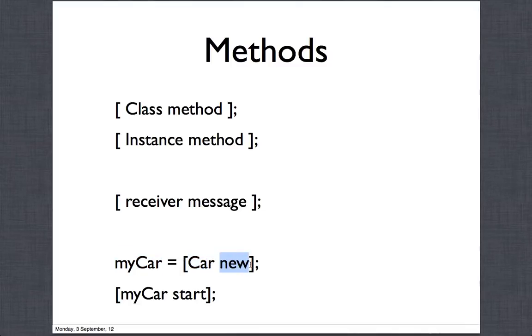I'm sending it a message new, and this is probably a class method, or as we used to say in C++, a static method that returns an instance of the car class. So that would be something like a constructor. And then I can send a message to my instance, because now this is an object instance of a car class, and I can probably start my car, sending it a message start.